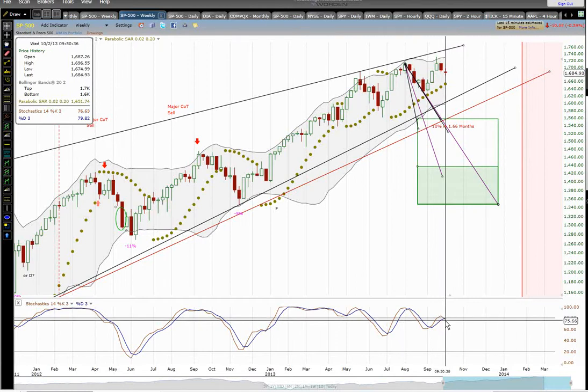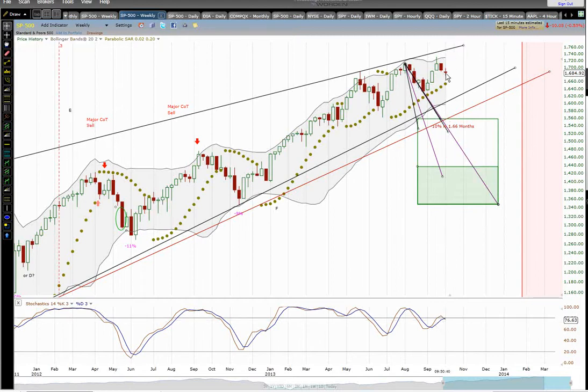However, the way I like to use this signal is wait for this bar to close, so wait for this week to close, and if it's still in a sell configuration here, in this case with the brown line below the blue line, and then we see a lower weekly low next week, then that's a potential short signal using the stochastics indicator.